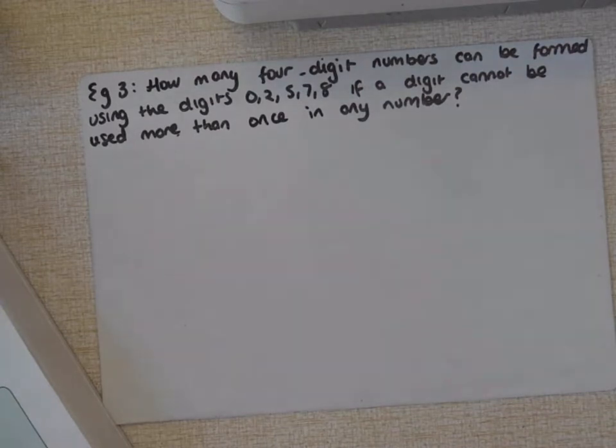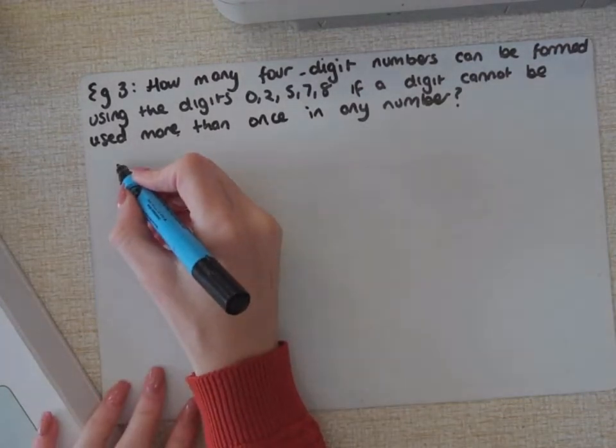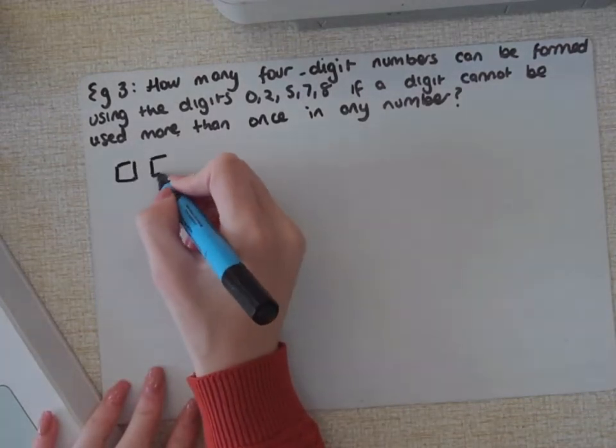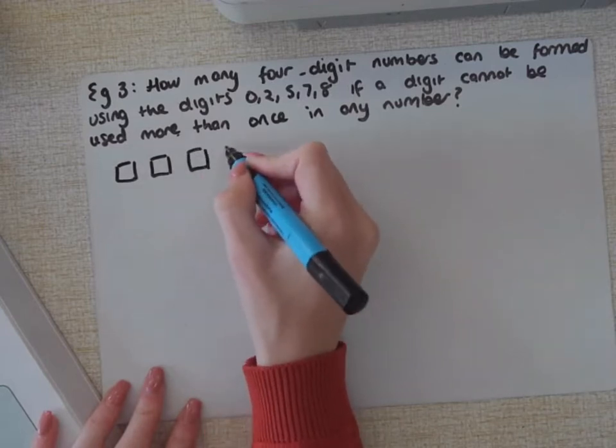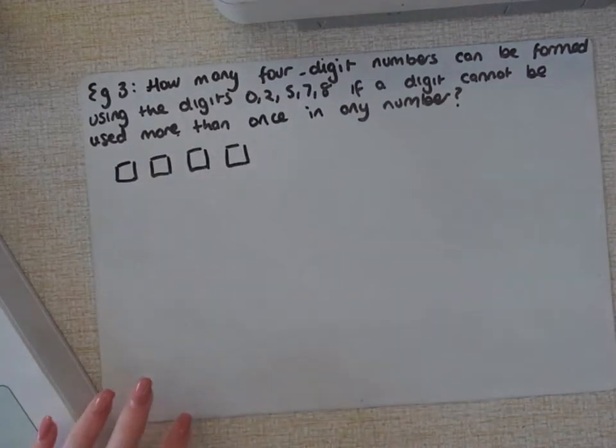So remember with permutations we had the boxes. And you can't use the same digit twice, okay?